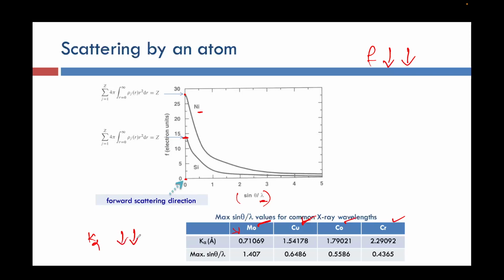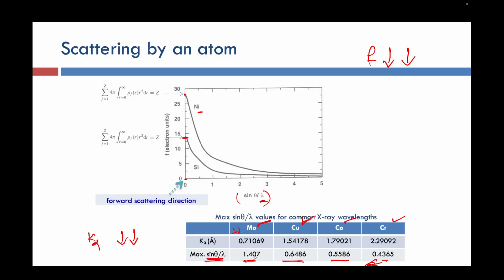The reason is when we are monotonically increasing the metal and the atomic number, the maximum sine theta by lambda value is also increasing if you are coming from this direction. And what will happen when this is increasing? Here you see 0.435, this is 0.5586, this is 0.64878, this is 1.4.